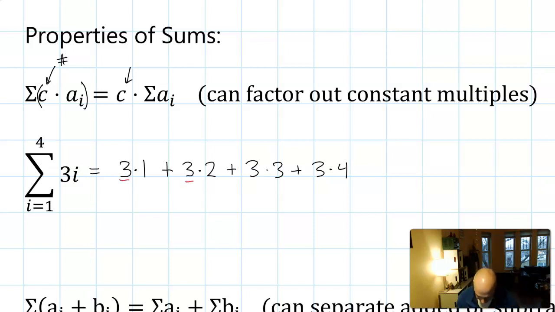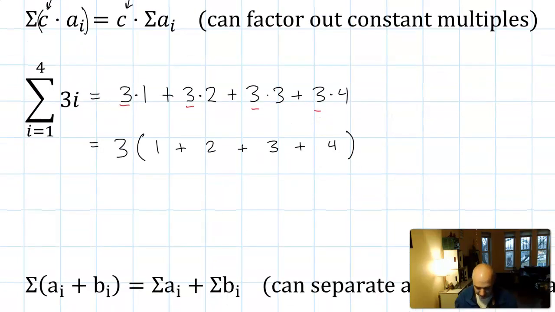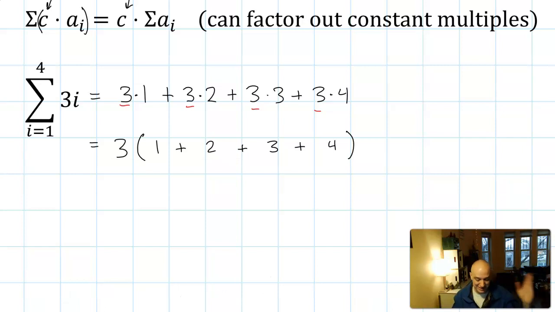But notice that there's a 3 in all of those, so this could be written as 3 times 1 plus 2 plus 3 plus 4. Right, just bring the 3 out. So the fact that you can bring a 3 out of addition using the distributive property is what allows us to bring the constant terms out of summation. It's basically factoring.